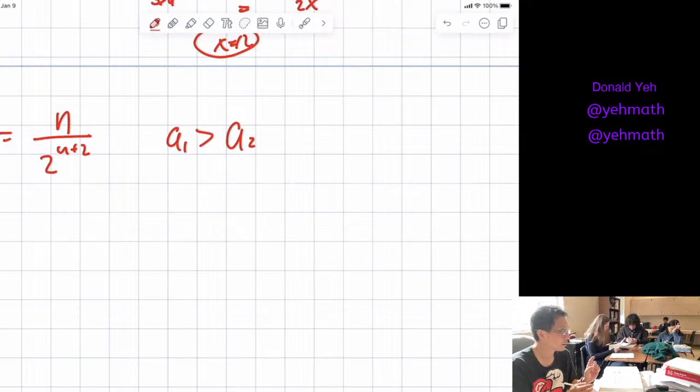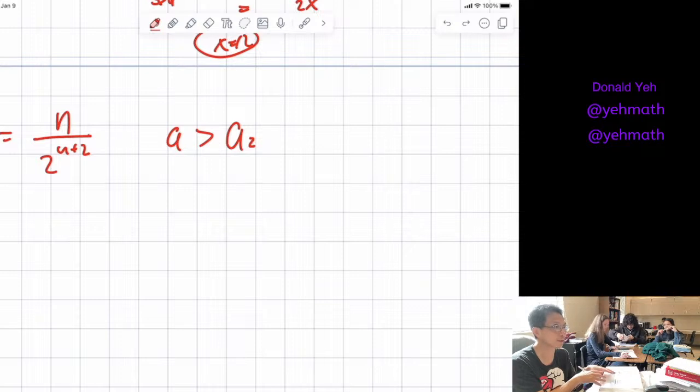Okay. Now, how do I prove that this is monotonic? You can compare it. If you compare A2 to A3, then it's decreasing. I will do n plus 1. Yeah, no, that's calculus.